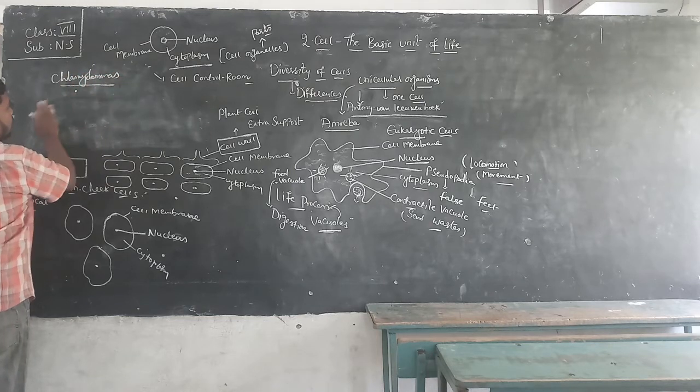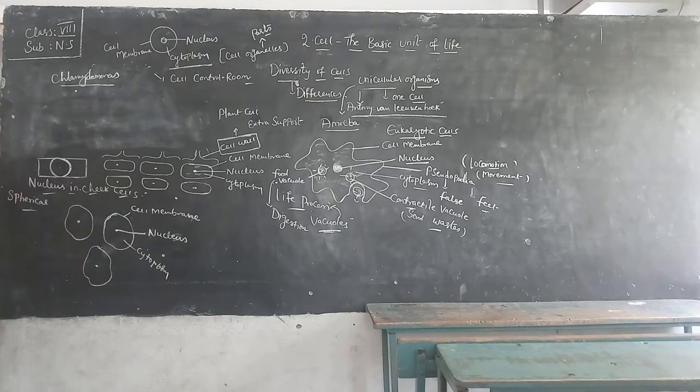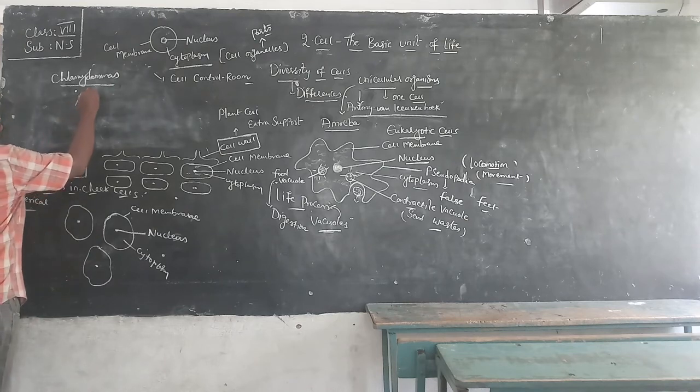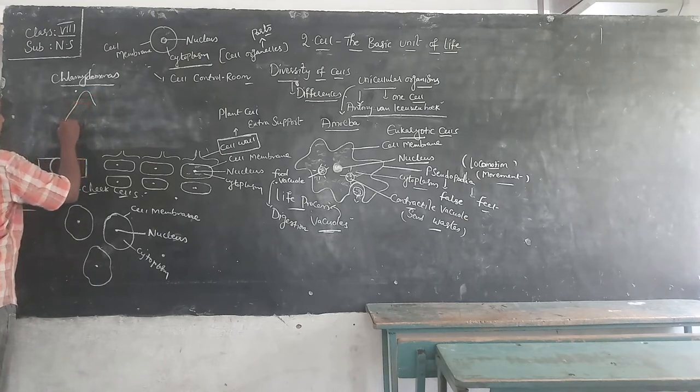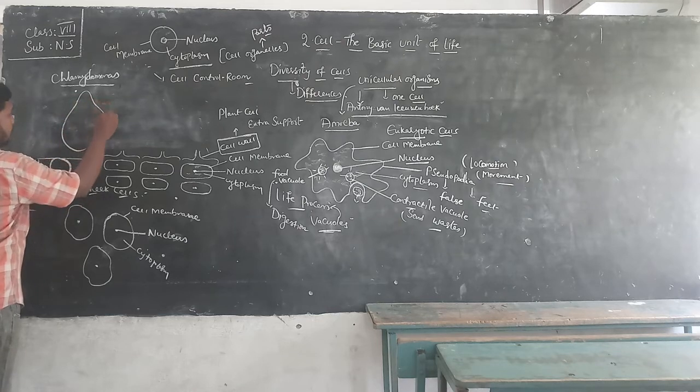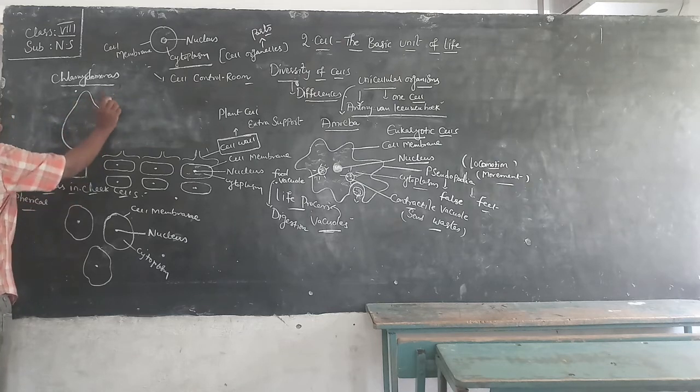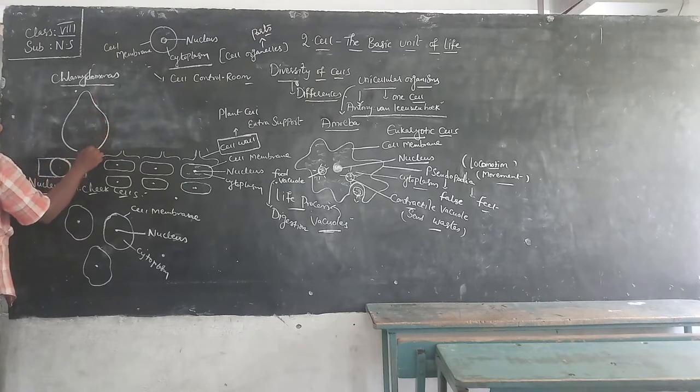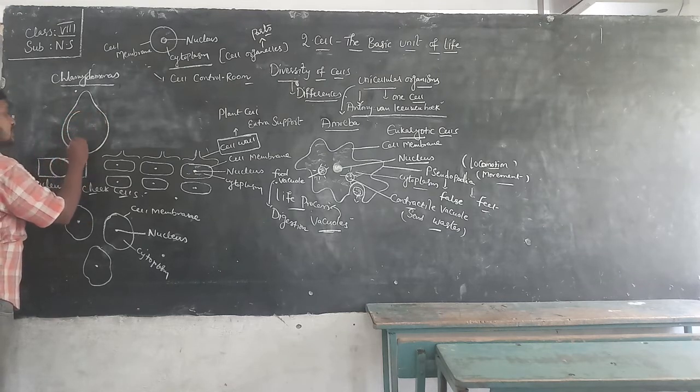The green color of the water is due to the presence of Chlamydomonas. If you observe, this is the diagram of Chlamydomonas. So Chlamydomonas looks like this.